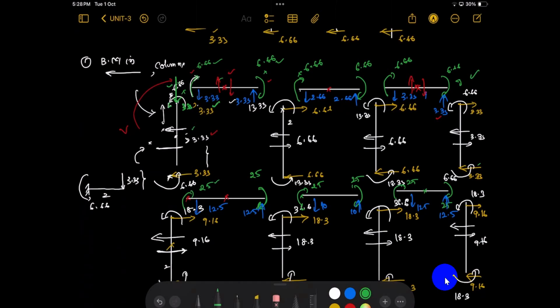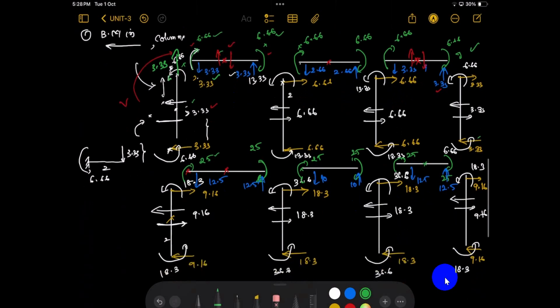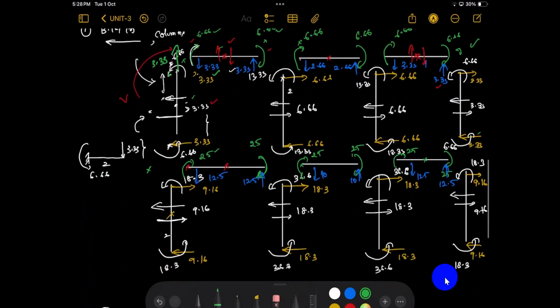So this must come to the upward side. How much is it? 3.3 only. Okay, it's 3.3. So now comes to this joint.